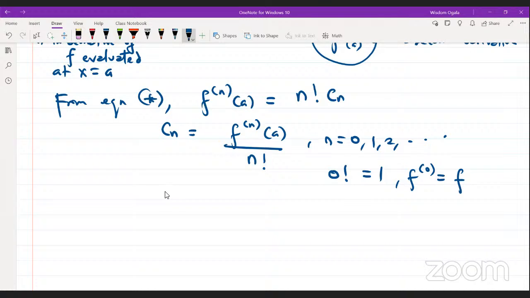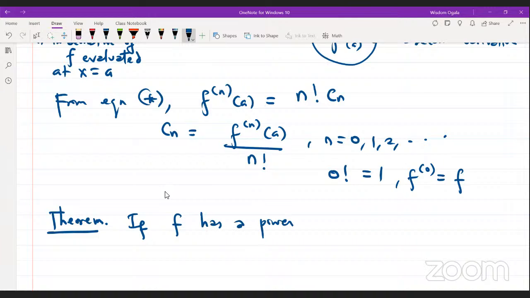Okay? Now, theorem. If f has a power series representation, so at the level of this theorem, we want to put things together, okay?